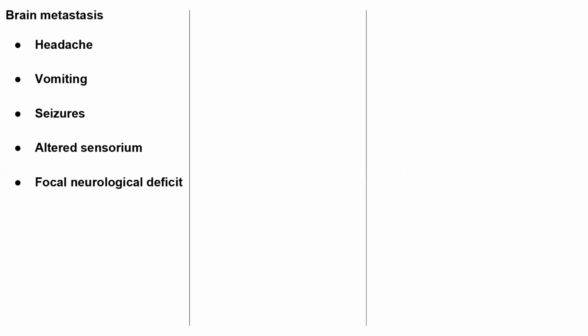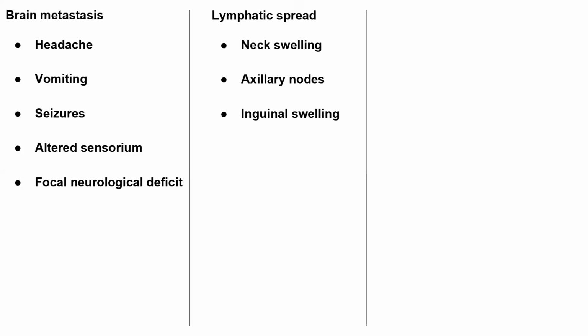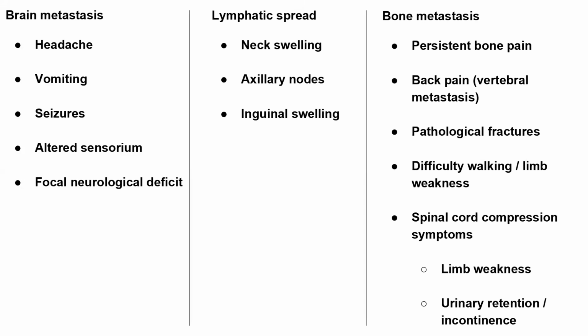Brain metastasis symptoms: headache, vomiting, seizure, altered sensorium, focal neurological deficits. Lymphatic spread: neck swelling, axillary nodes, and inguinal swellings. Bone metastasis: persistent bone pain, persistent back pain, pathological fractures, difficulty in walking, limb weakness, spinal cord compression symptoms.